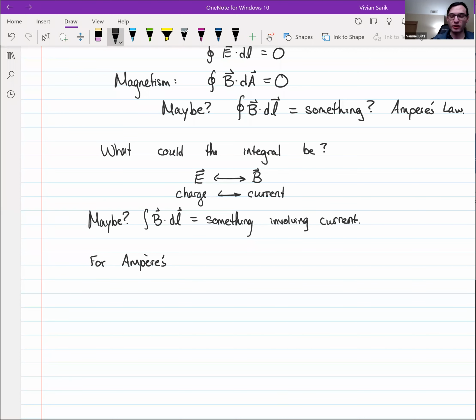For Ampere's law, we are interested in current enclosed by an Amperian loop. So what does it mean for a current to be enclosed by an Amperian loop?